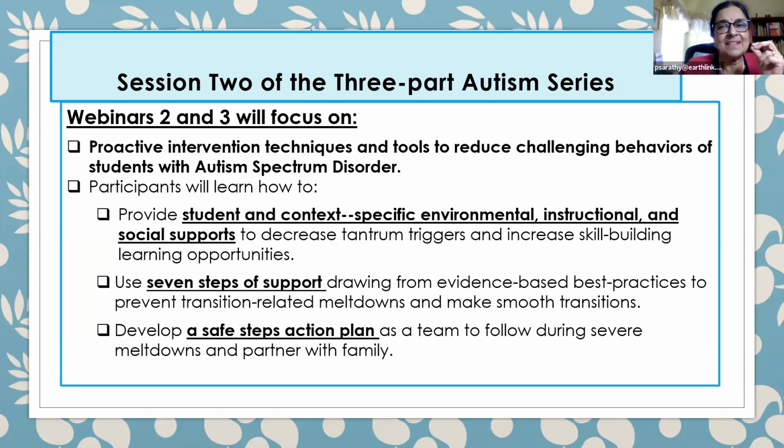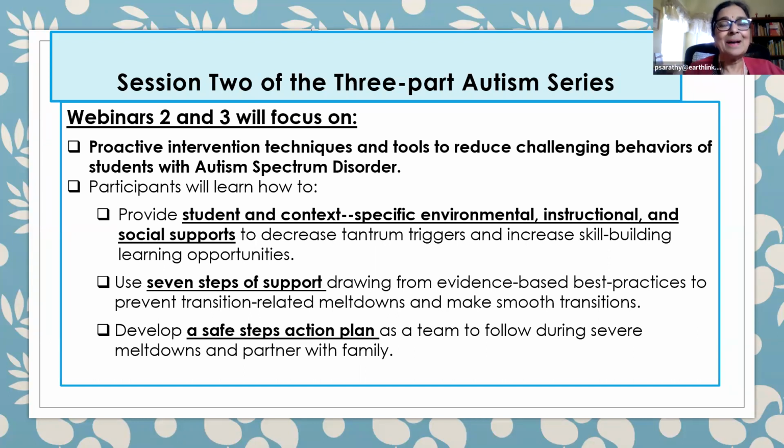This webinar and the next one, we will focus on 7 steps of support and blending it with student and context-specific environmental, instructional, and social supports so that you use these supports to reduce and to decrease the triggers for tantrums, and you also increase the skill building opportunities, because that's what we want children there in school for.